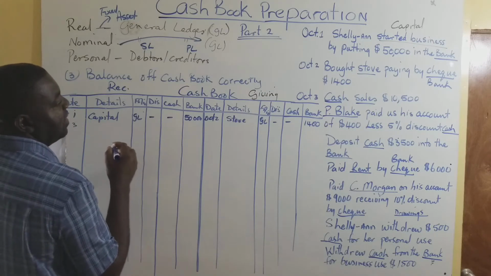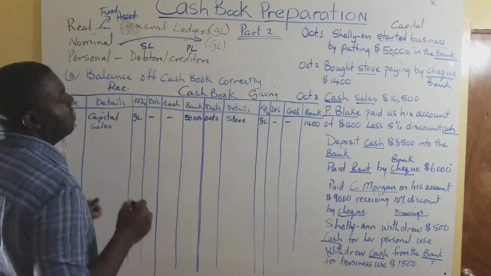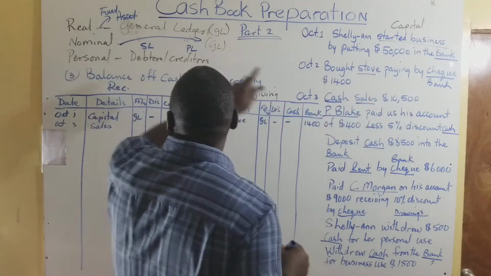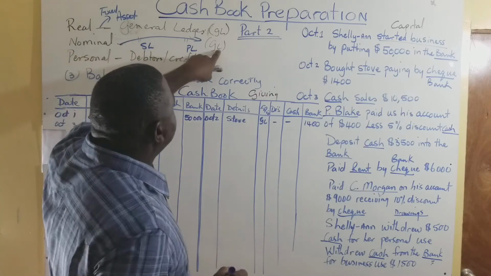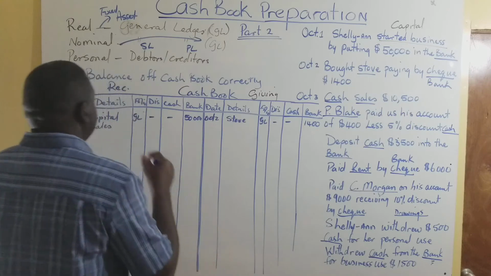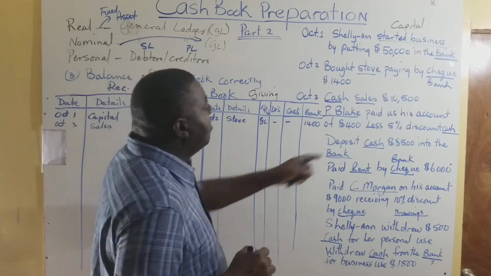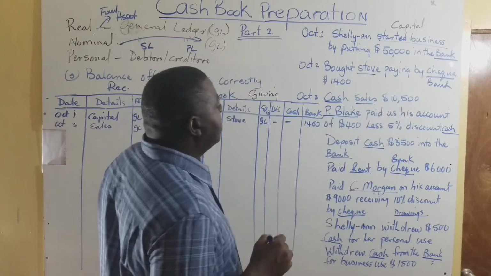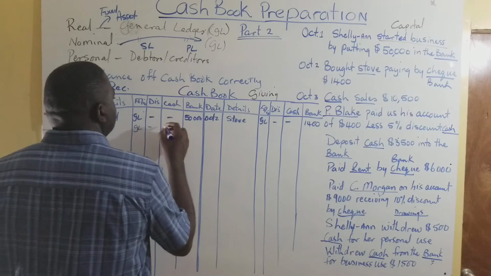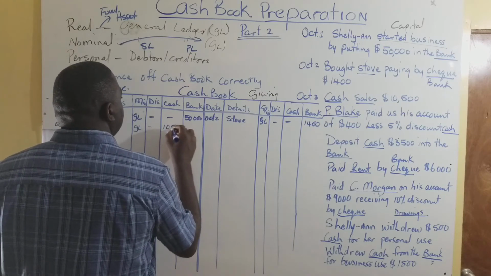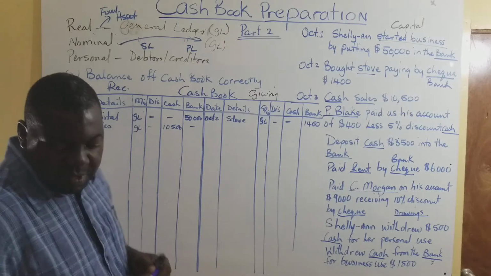And we have sales. Now, sales is a nominal account. And nominal accounts are recorded in the general ledger. And the amount of money is 10,500. So it is cash, 10,500. Okay. Let's go to the next one.